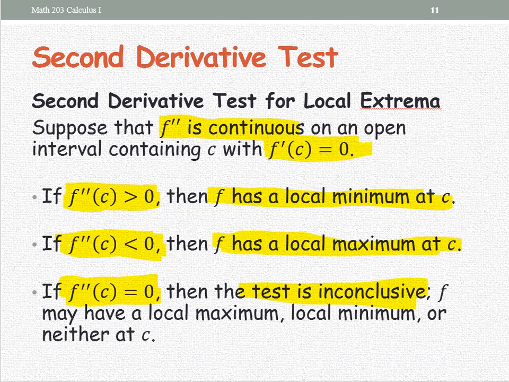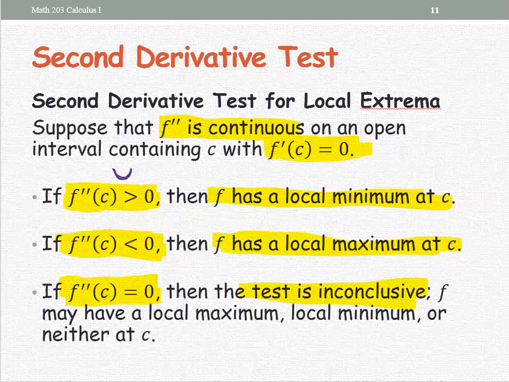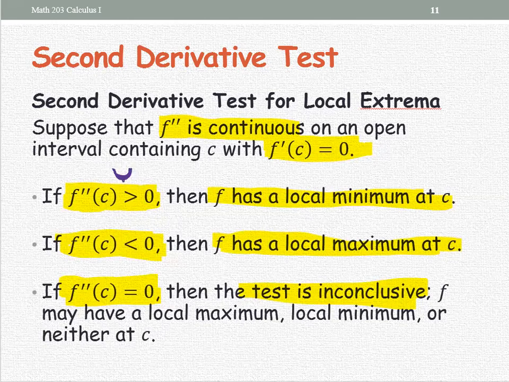If the interval is concave up, where the second derivative is greater than 0, the point c is the local minimum point. And the other way, if the second derivative is less than 0, so it's concave down, that means it's not happy. So the point c in the unhappy interval here is the local maximum point.